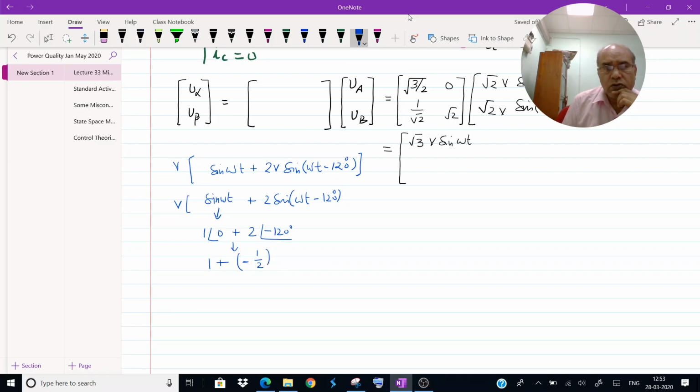This into 2, then plus j into 2 into sine of minus 120, which is minus sine 120, so minus will come here, and sine 120 is sine 90 plus 30, cos 30, so minus root 3 by 2.